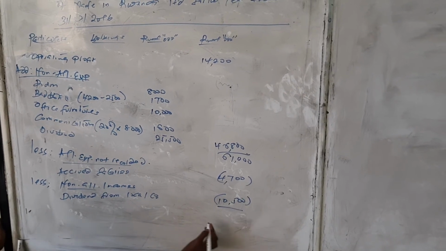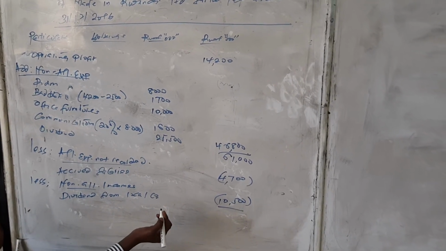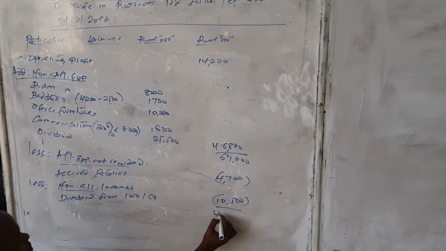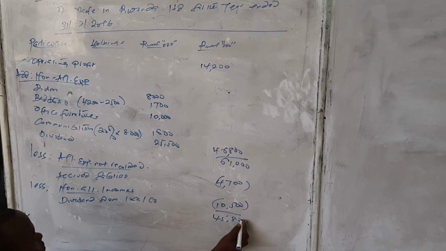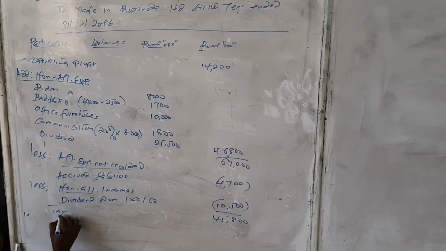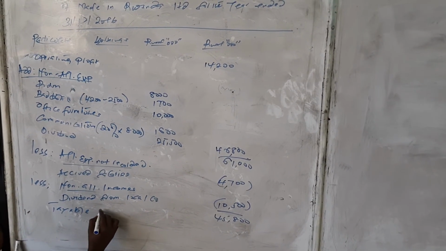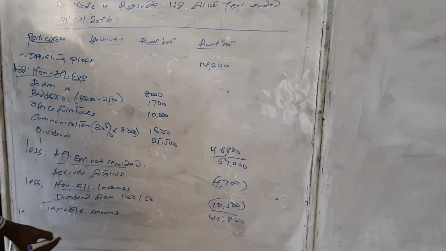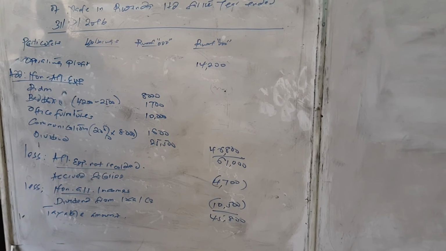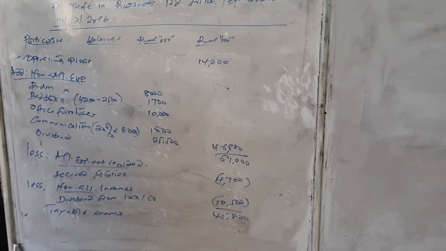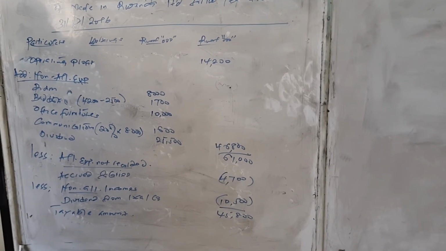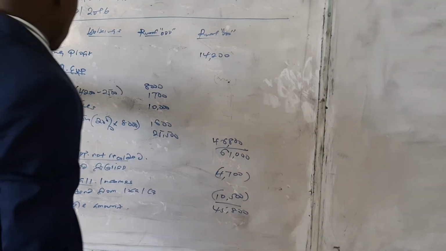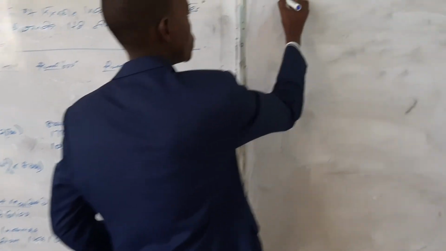And then we get the total, which is 45 million. So this is the taxable amount, or taxable income. So we need to charge the CIT. We need to charge the tax.